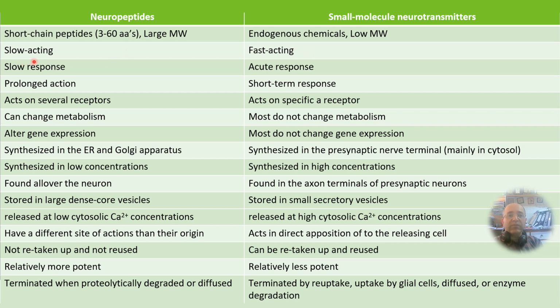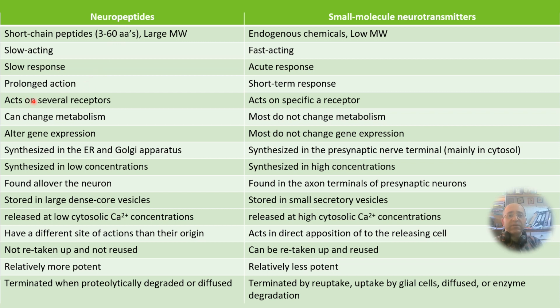The neuropeptides are slow acting versus these are fast acting. Neuropeptides have a slow response versus acute response for small molecule neurotransmitters. Neuropeptides have prolonged action, but small molecule neurotransmitters have short-term response.